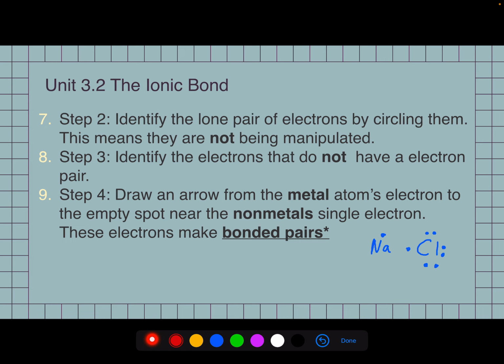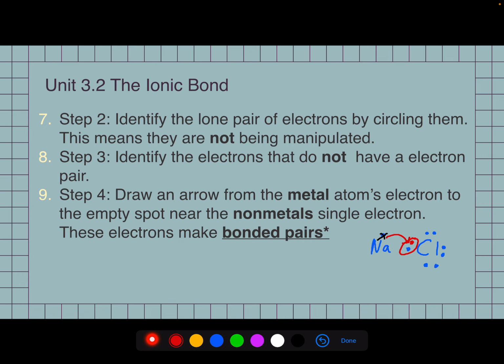What we are going to touch is the valence electron from sodium. This one is going to move over here. Now this is gone, moved over, and here this makes a bond. Those electrons are a bonded pair.